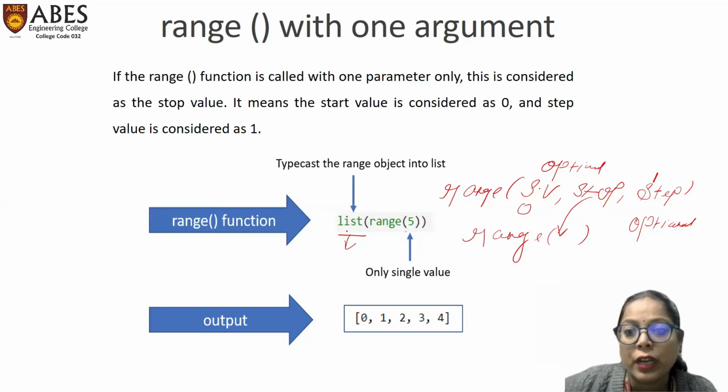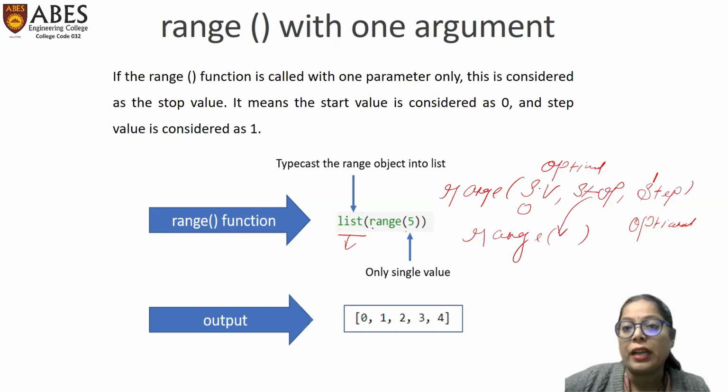Here, since we have written list, you can see that the values are inside square brackets, and you must have studied the sequence data types in unit 1, where you also studied list and tuple. So in this example, we are typecasting the range object into a list.